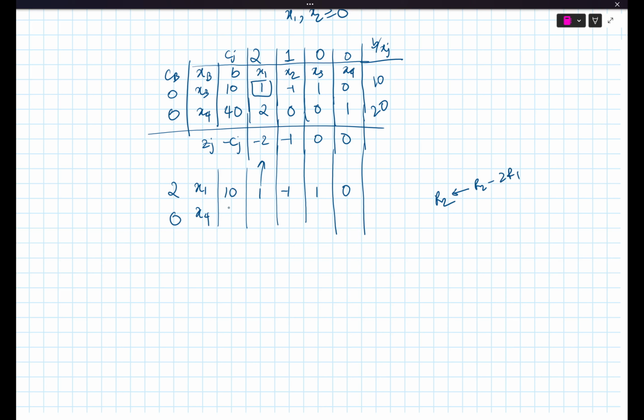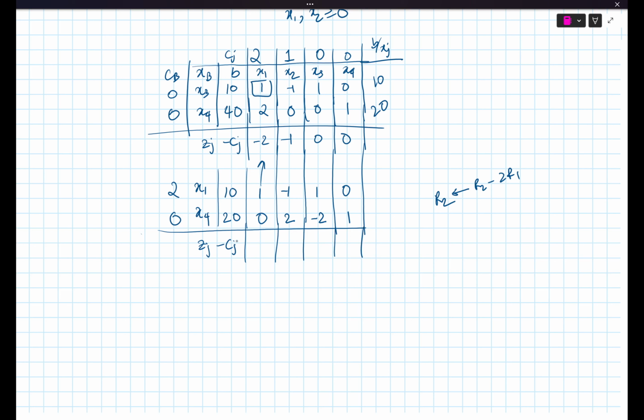So 40 minus 20 is 20, 0, 2 minus 2, 1. Now do zj minus cj.